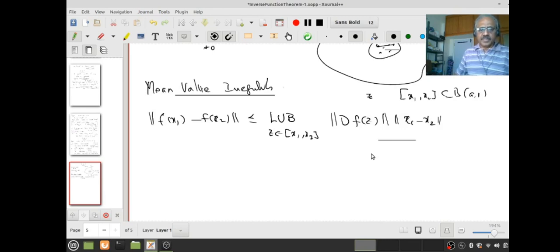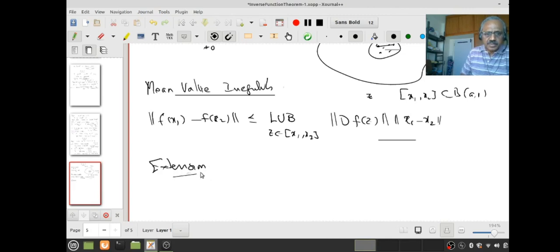This is the mean value inequality, right? What we want is an extension of this. Please understand, mean value theorem says equality in one variable, but in several variables the most potent, useful version is the mean value inequality, as I explained in one of my lectures on several variable calculus.